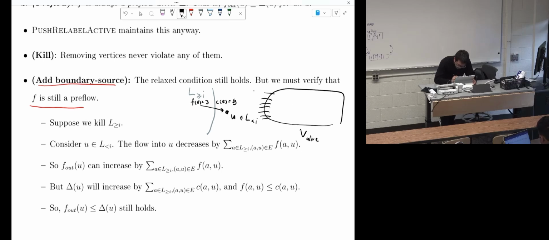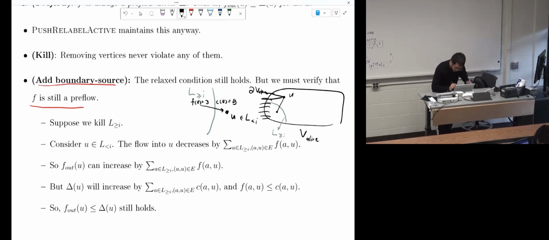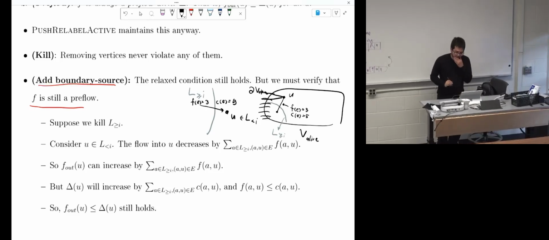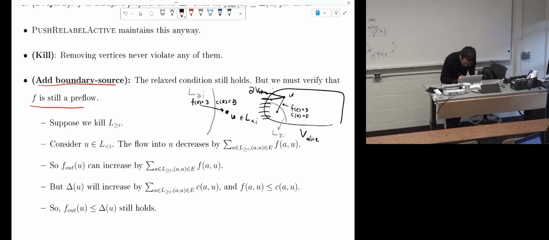There used to be the battery here, a battery of the live node. Let's say here the flow is 3 but the capacity is 5, and the capacity here is 5 and 5.